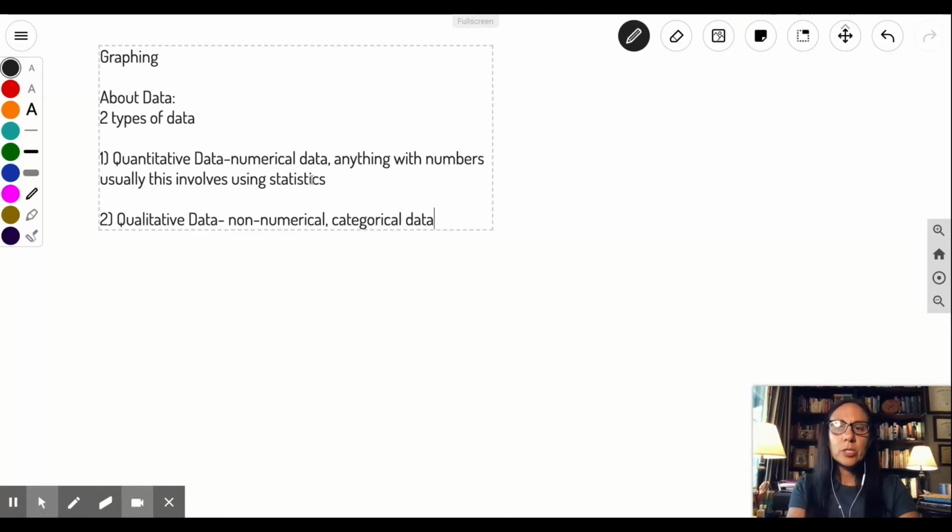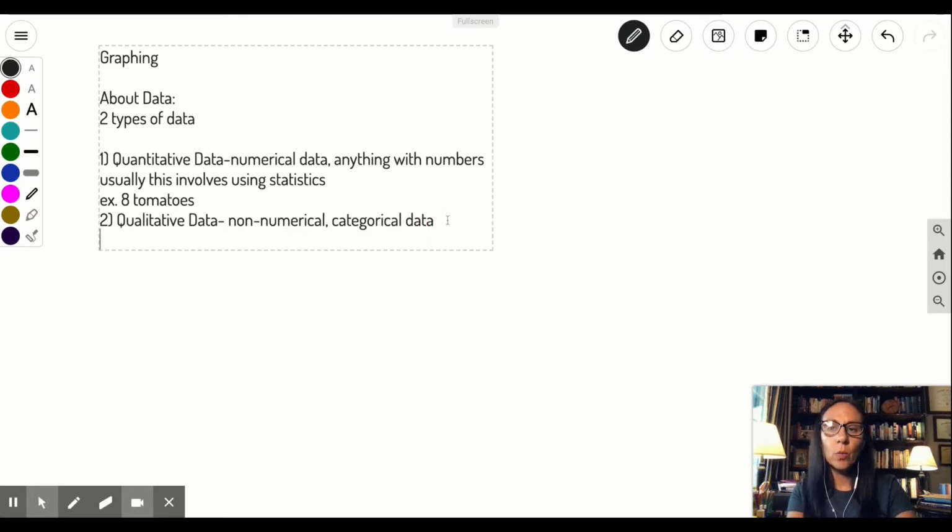And so just to give you some examples, for quantitative data, an example would be like 8 tomatoes. And for qualitative data, an example could be red tomatoes. Okay, so like you could say red versus green tomatoes. Okay, so there's two types of data.